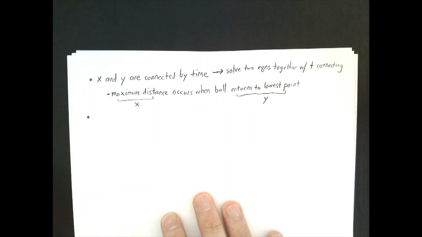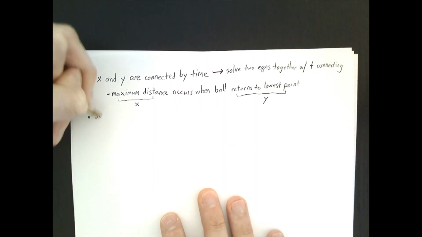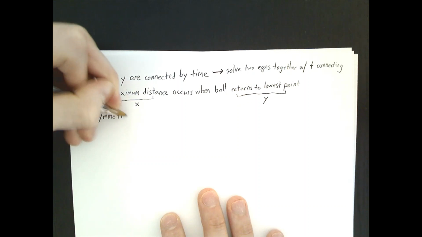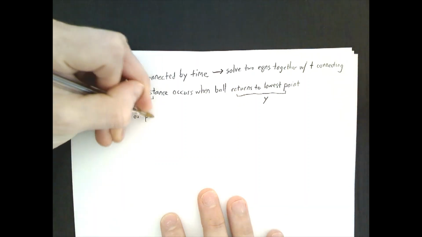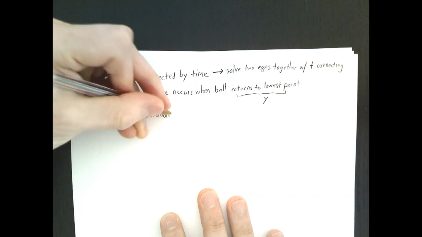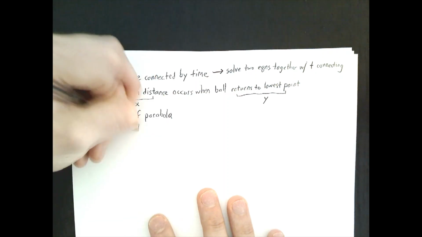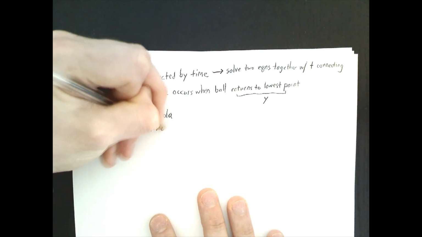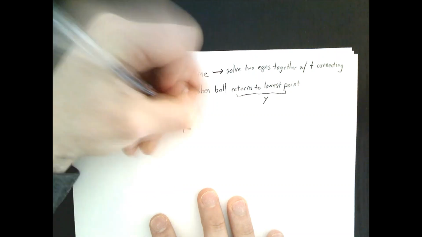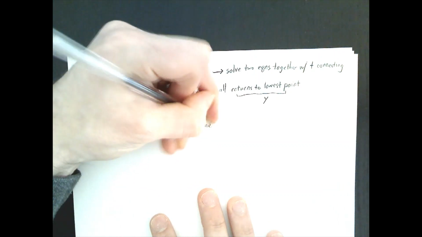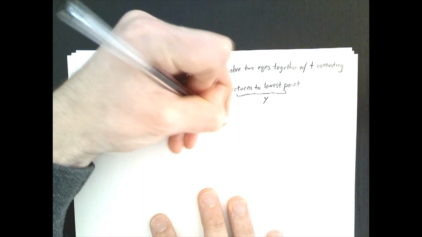The second one is we're going to exploit the symmetry. So symmetry of the parabola. In other words, time to top equals time to bottom.